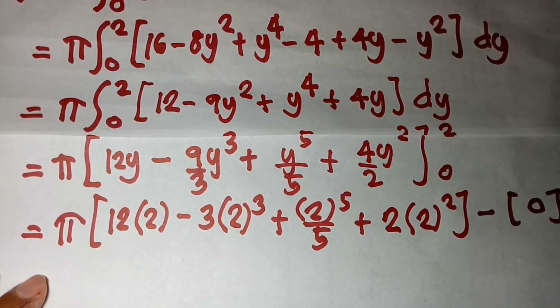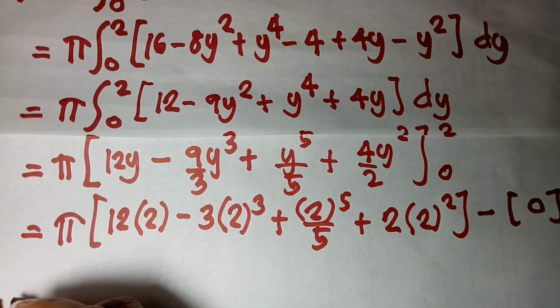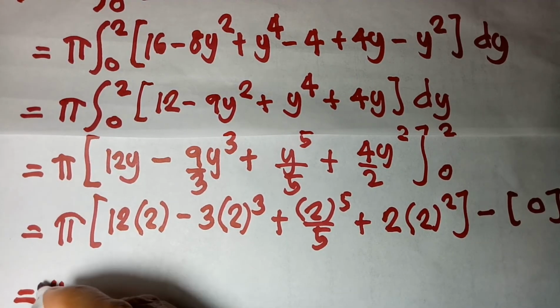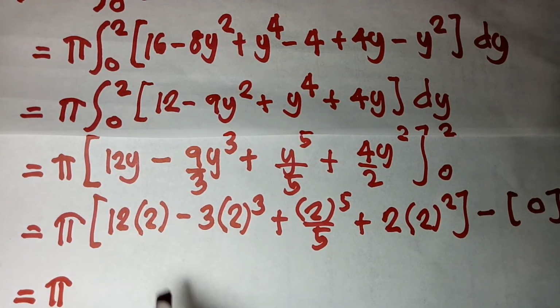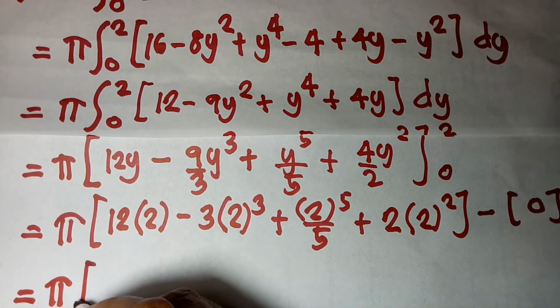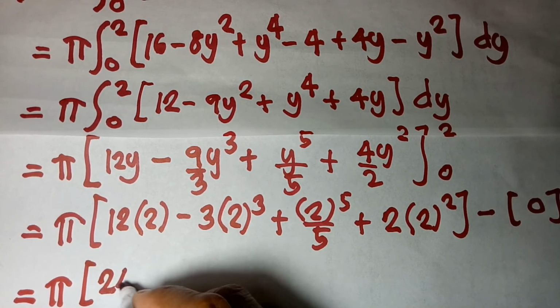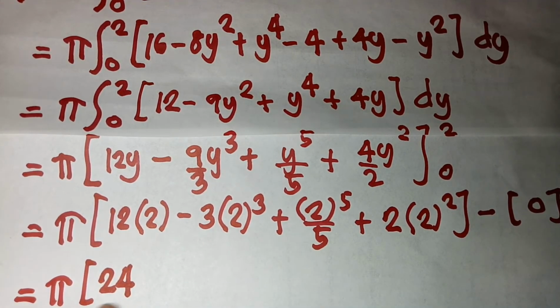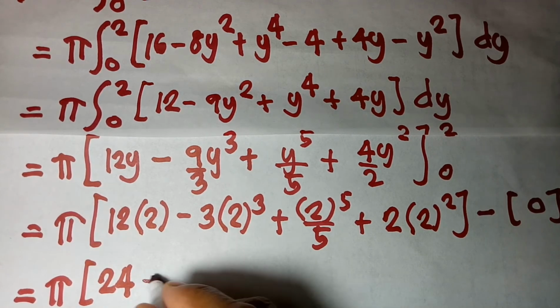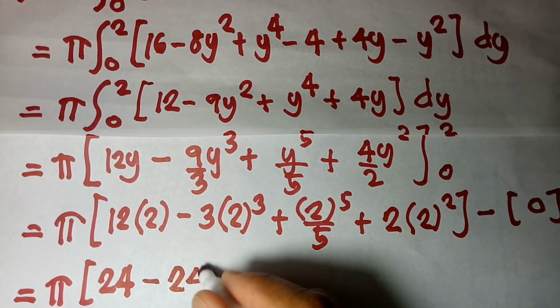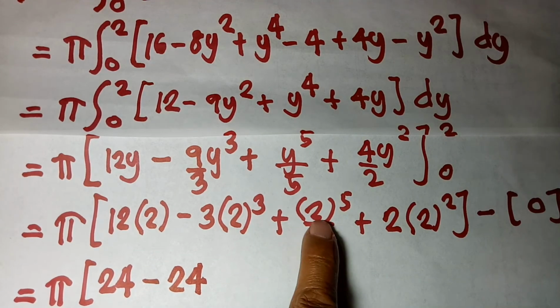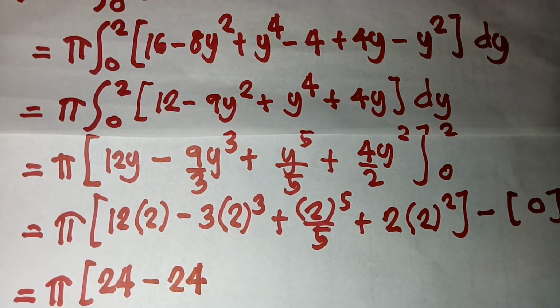Okay? So I will have pi. So 12 times 2 ay 24. And then 2 raised to 3 is 8 times 3, so minus 24. 2 raised to 5 ay 32.